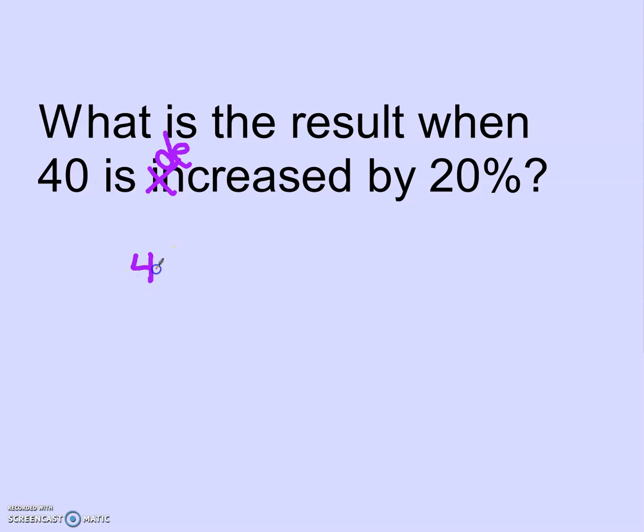I took 40 and I had 0.20 times 40, and I added them together. Then I showed you the shortcut where you could just write 40 out front and then 1.2 inside there. Well, with a decrease, the only difference is that plus is going to become a minus. I would take 40 and subtract 20%.